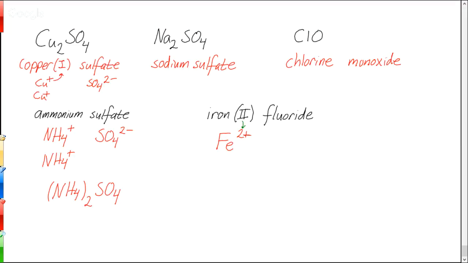And the other ion here is fluoride, which is F, and we can use its position on the periodic table to know what charge it should have. -1, right? So to bring those charges into balance, what do we need? Yeah, we need 2 of the Fs. So our overall formula is FeF2.